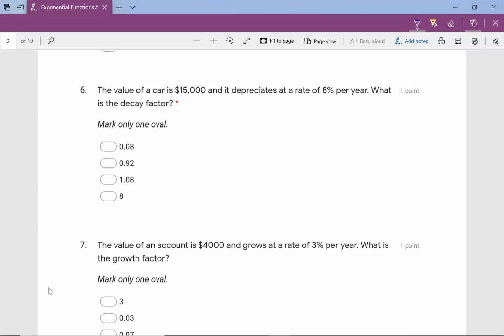For this first question, which is question 6 on the Google form, it says the value of a car is $15,000 and it depreciates. So that means we're talking about decay. It depreciates at a rate of 8% per year, so that's going to be R equals 0.08. What is the decay factor? Remember, 1 minus R equals the factor.